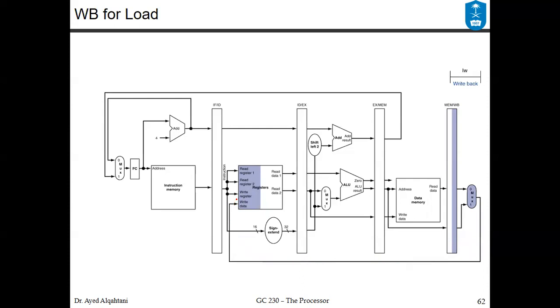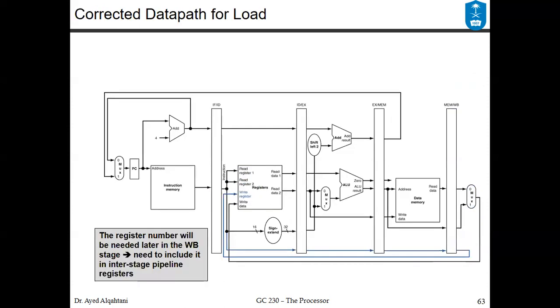And this is the way we should solve this problem. We get the correct register number, save it here, and keep it with us in the different stages of the pipeline registers, and it goes back with the correct register number for the write register. So the register number will be needed later in the write back stage, so we need to carry it with us.